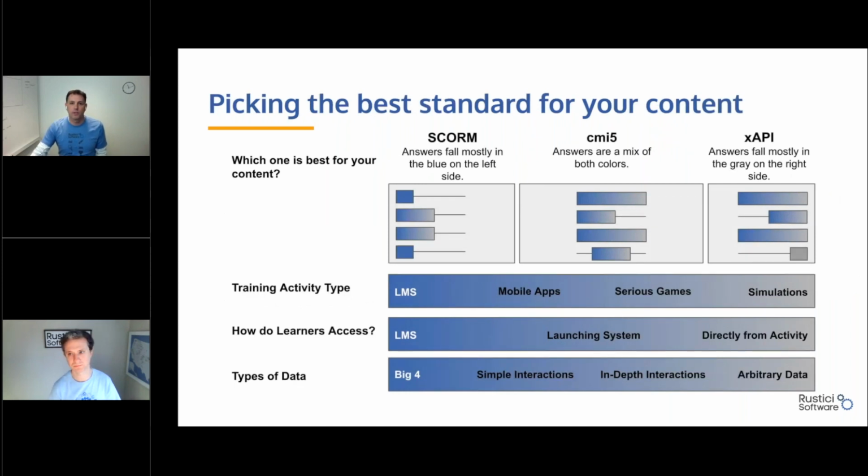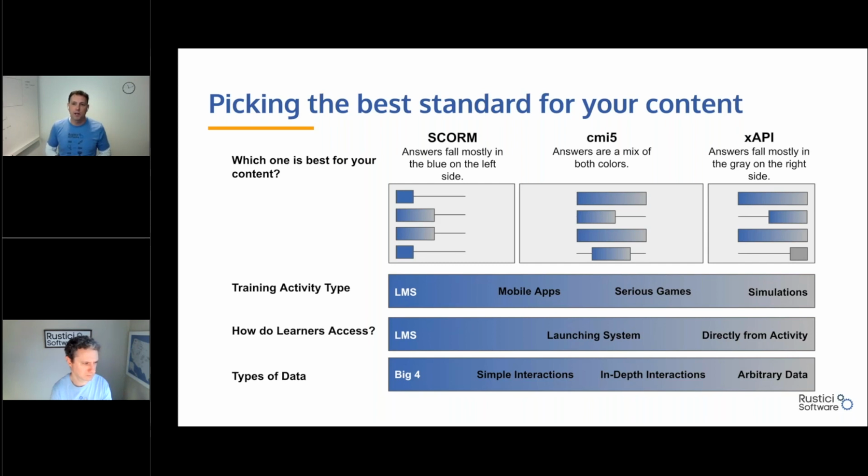Yeah, we covered this to a degree, but this is a really nice way to look at this. And essentially, what we're saying is, what is your end goal, as Chris pointed out. So if you are dealing with an LMS, your learners are accessing the content through an LMS, and you're only interested in big four types of data, then SCORM is probably still the standard for your content.